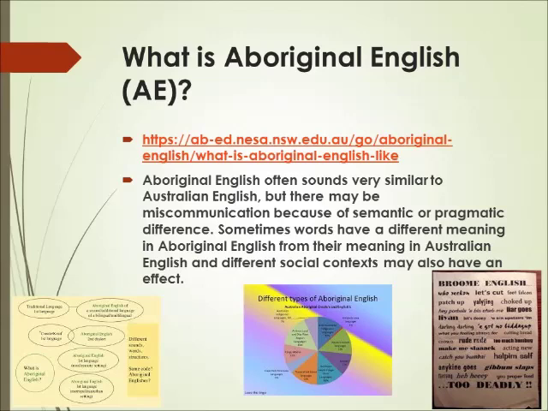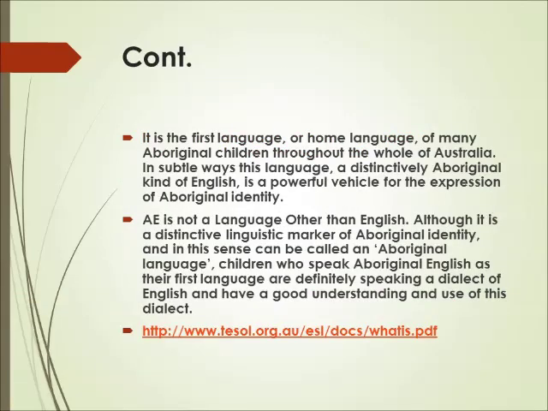So what we do see in the literature and also in, say, a lot of school practice is an idea about Aboriginal English, which is in many ways similar to Australian English, but does actually have some differences in its grammar, in its lexicon, so the words that are said in that and the meanings. So we do need to be aware that Aboriginal patterns of speech are not bad English, but rather a different type of English, okay?